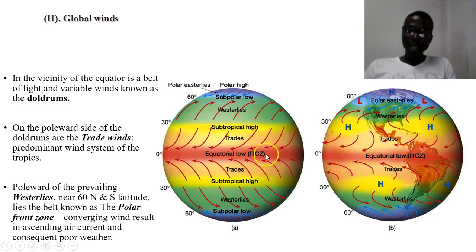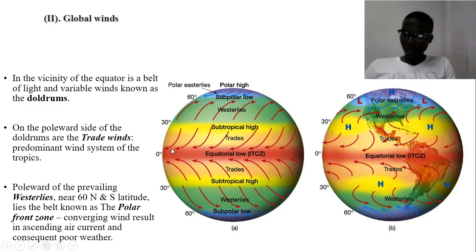As you can see in the diagram on my left hand side, diagram A, winds blow from the North Pole towards 60 degrees north, and they blow from 30 degrees north towards 60 degrees north, and they blow from 30 degrees north toward the equator, which is 0 degrees.